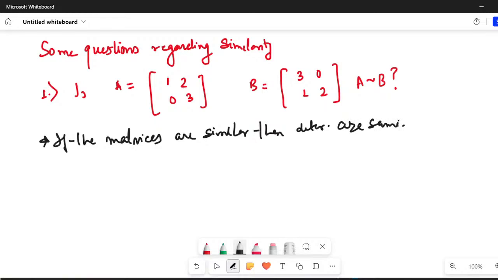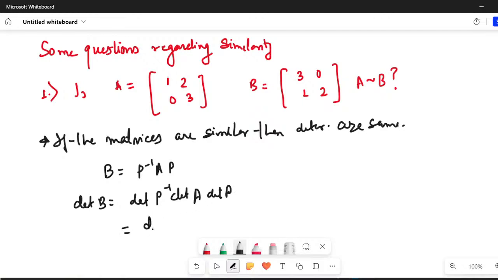This morning we've done that if two matrices are similar, they will have the same characteristic polynomial. If you remember, I wrote that B is equal to P inverse AP, and then I took the determinant. Determinant of B would be equal to determinant of P inverse, determinant of A, and then determinant of P.